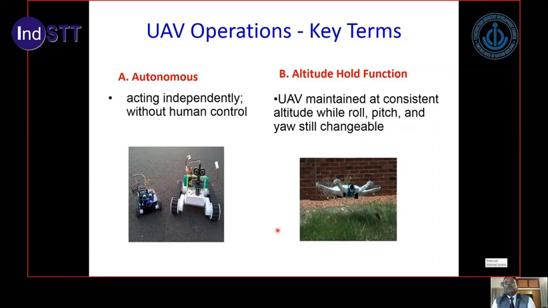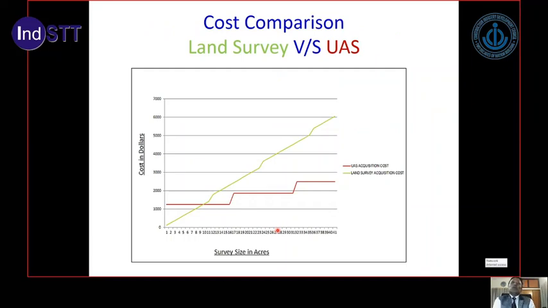We have predetermined the coordinates of those points, and the UAV will fly to those points. Then there are automatic modes also, where they can take a detour from the plan in case the environmental condition is changing. Then altitude hold means that it can stay at a certain height for a distance. So there are certain terminologies which we use when we are flying the drone.